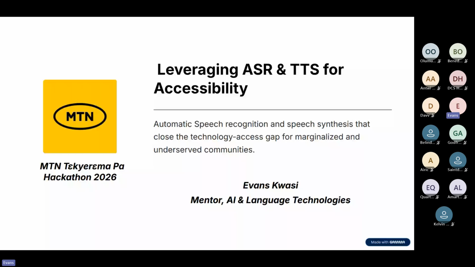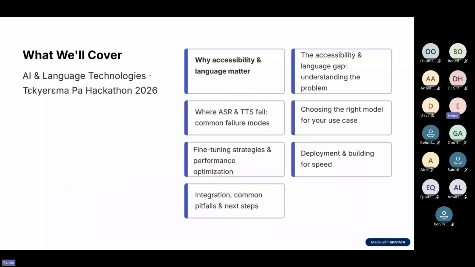This session will cover why accessibility and language matter, where ASR and TTS may fail, fine-tuning strategies and performance optimization, and how you can integrate it into your product.